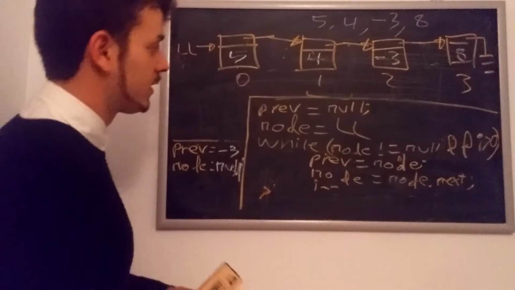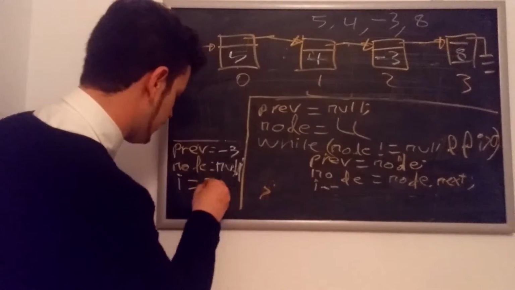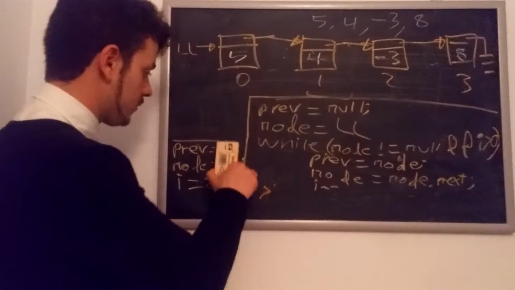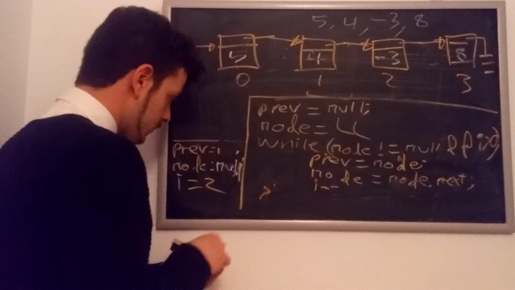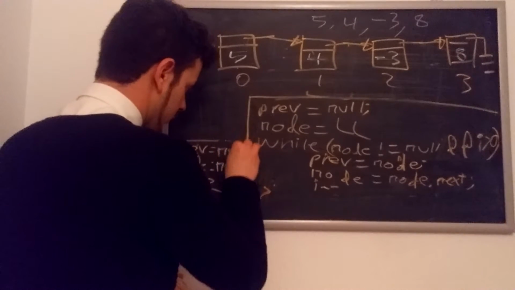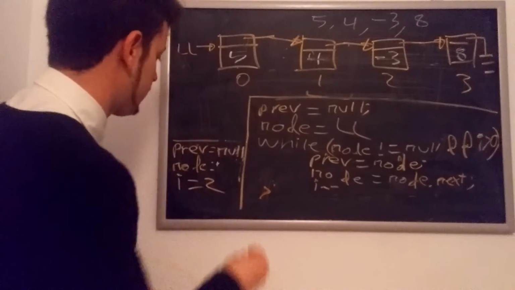So let's say that we want to delete node 2, so I equals 2. Prev equals null. Node equals the beginning of our linked list, which is 5.